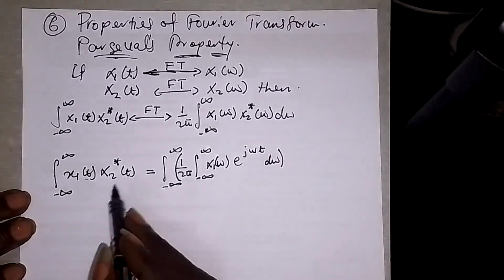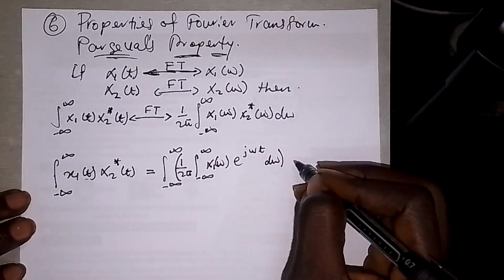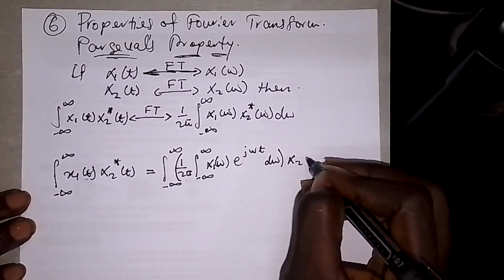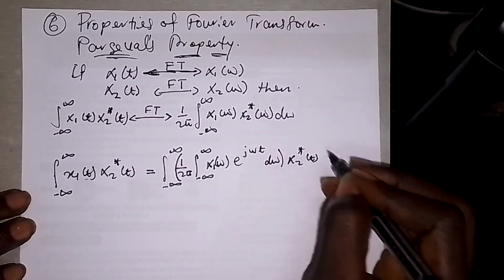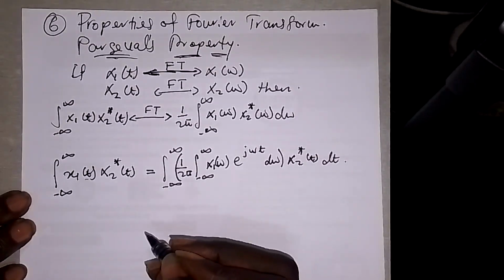And then I'll close it, and then I'll bring this aspect, which is x2 of t, the complex conjugate, dt. Okay, so that is what I'm going to have.